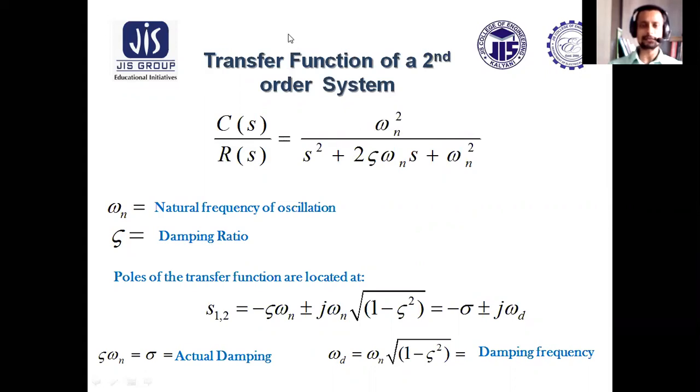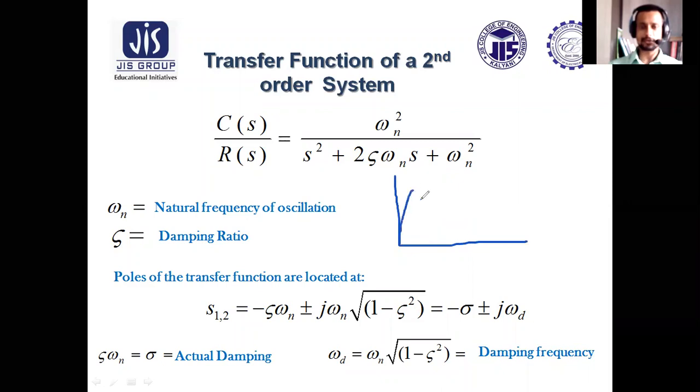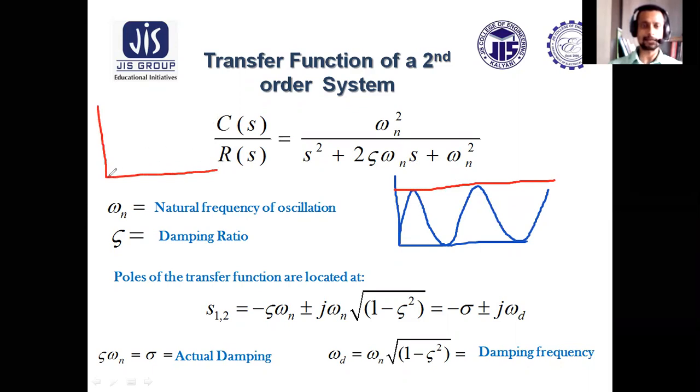Let me give you a simple example. Suppose a system response is like this. Here, see, it is producing a constant amplitude. So the oscillation is not damped. But let us consider one example like this.